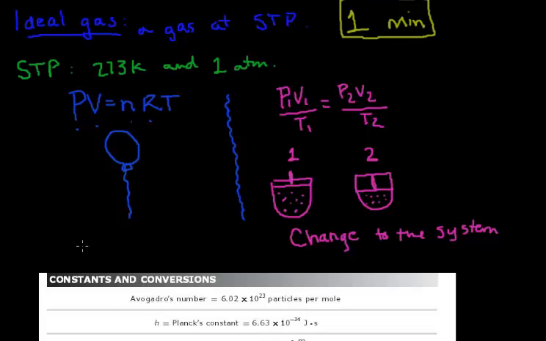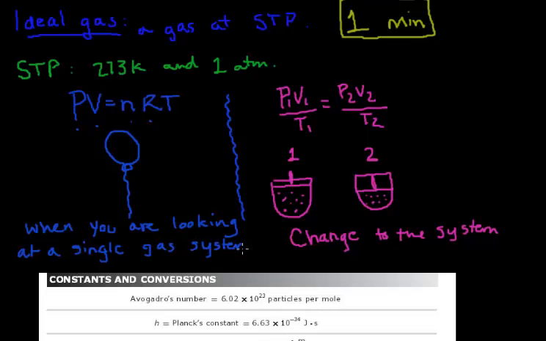And so what you're going to write here for the question, when would you use the ideal gas law? When you are looking at a single, so just one, a single gas system.